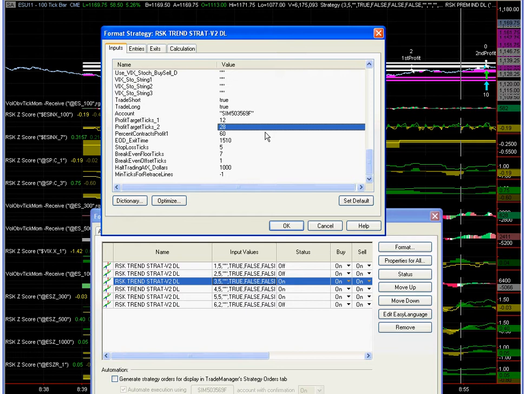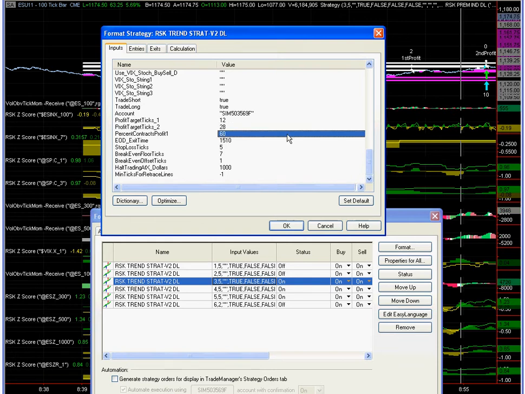Then we increased the profit target on the second portion of the contracts up to 28 ticks, or 7 points. We're trading 5 contracts, 60% of which are exited after the first profit target is reached.